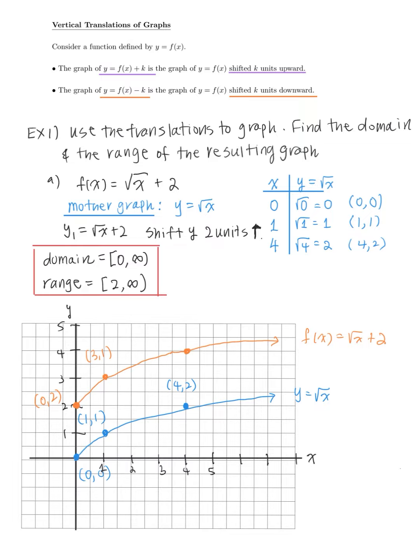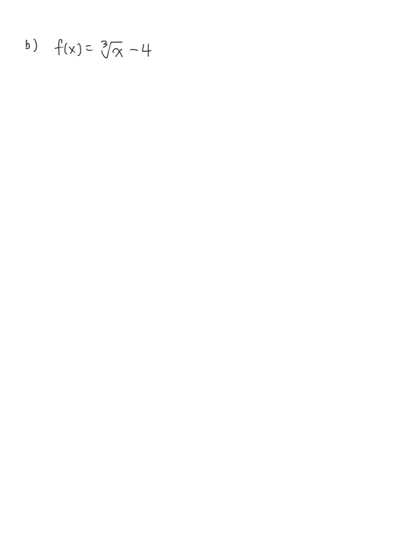Now let's take a look at the next one. All right, let's look at f of x equals cube root of x minus 4. Our mother graph is going to be y equals cube root of x. Now let's write down what we're going to do to the mother graph. Again, I think we can do this in one step.